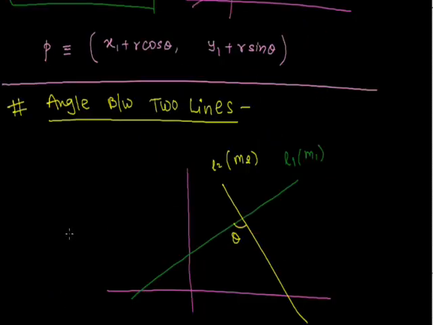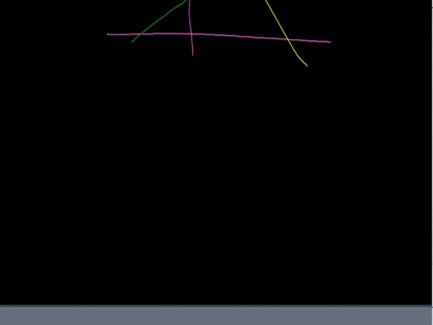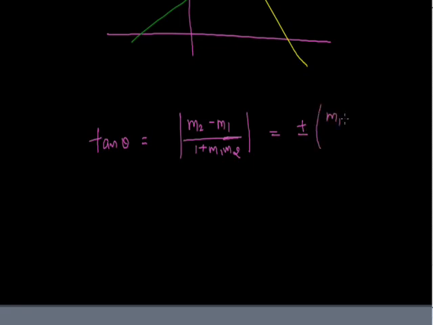It is given as tangent of theta equals (m2 minus m1) divided by (1 plus m1 m2), or we can write (m1 minus m2) divided by (1 plus m1 m2).